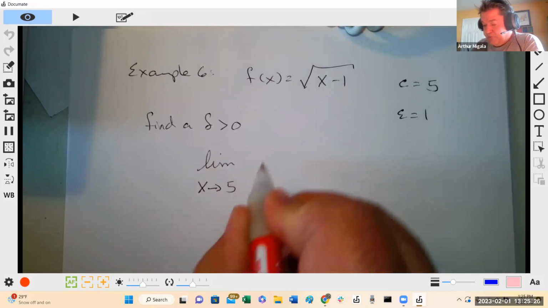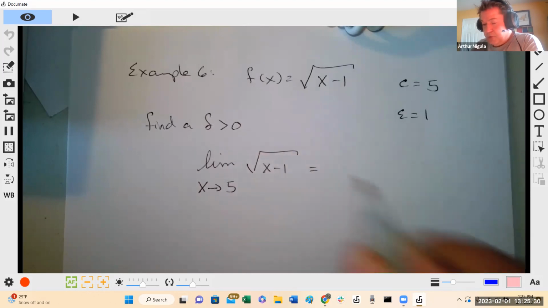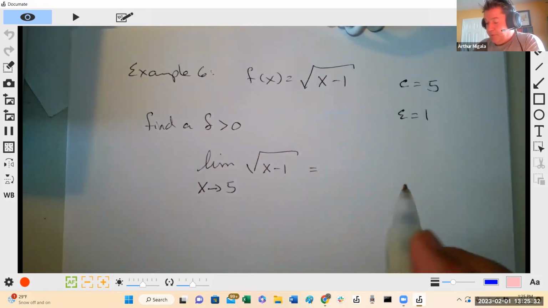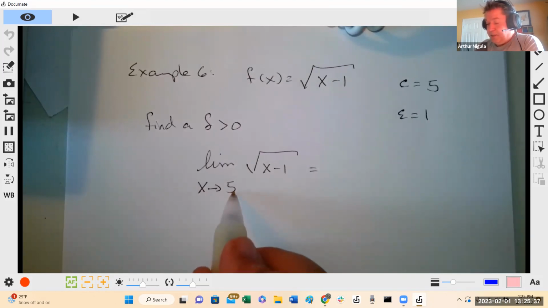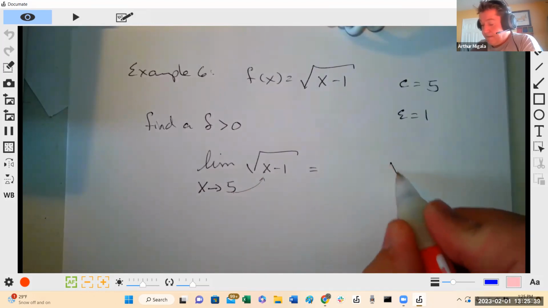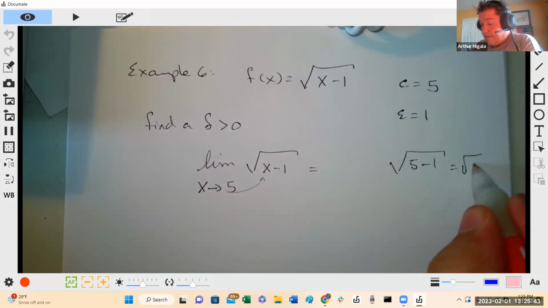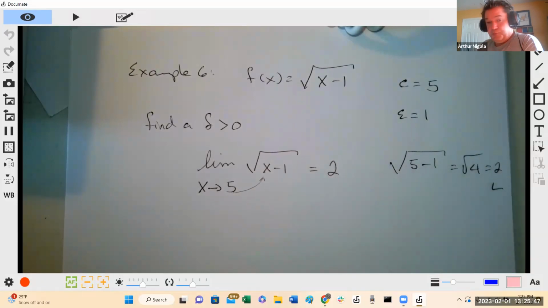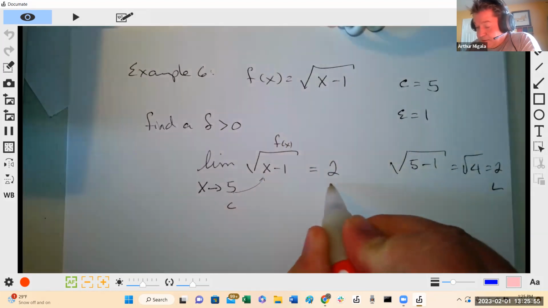As X approaches 5 of the square root of X minus 1. So remember, the first thing you have to do is find the limit. So plug in this value in there. Our limit value is 2. This is our C value, this is our f of X, and this is our L.